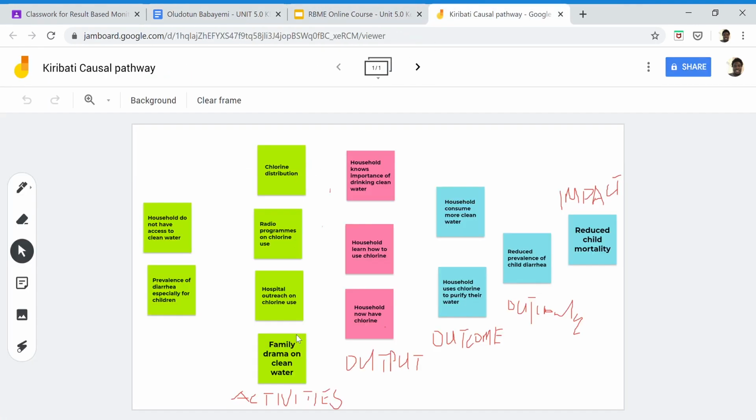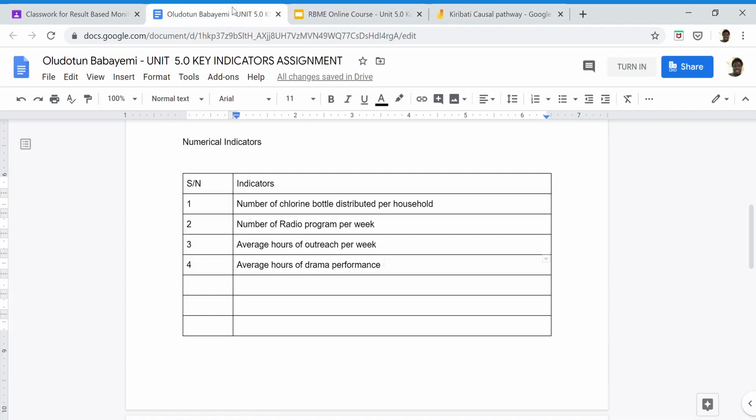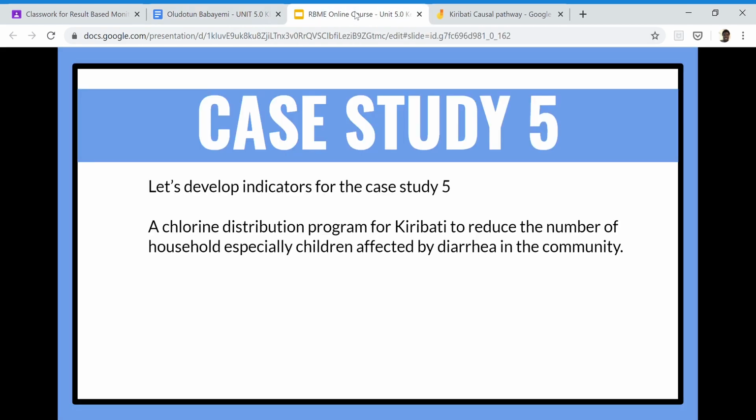What I've done, you could see it: I clicked the activity stage. I can move to the output stage, because I can also get this.